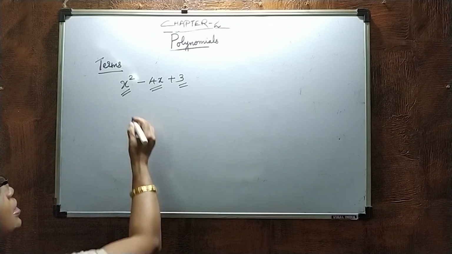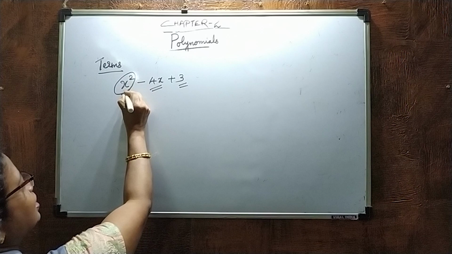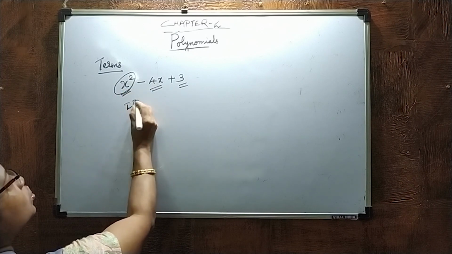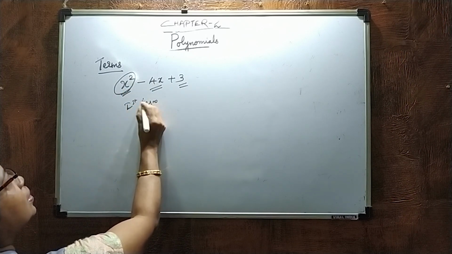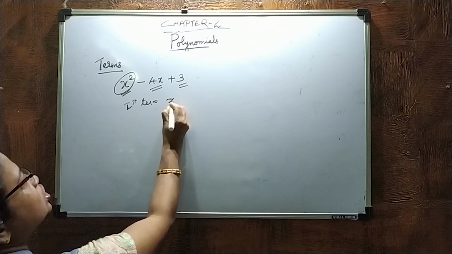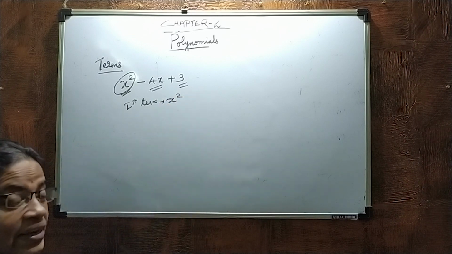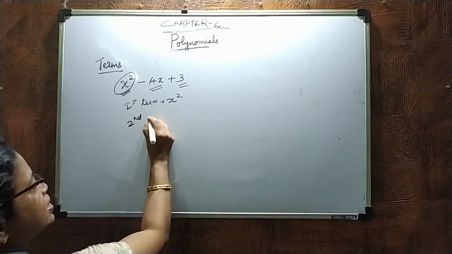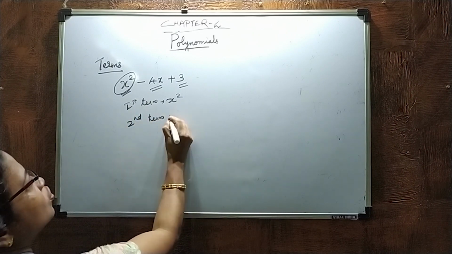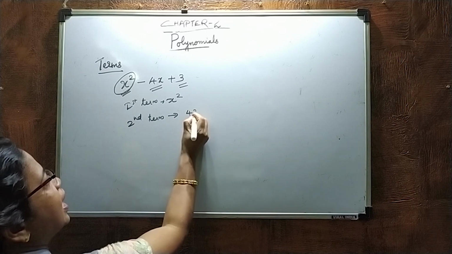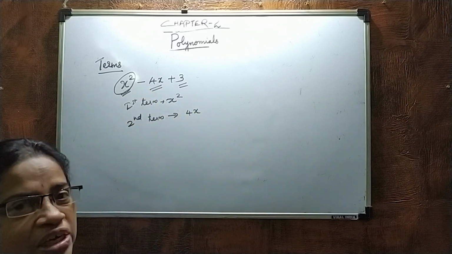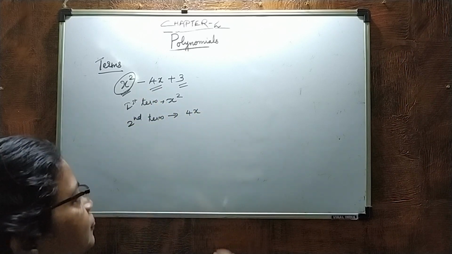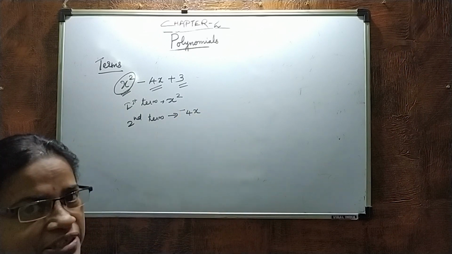Now terms: the first term is x square, and it is connected with the second term. The second term is 4x, with a negative sign, so negative 4x.